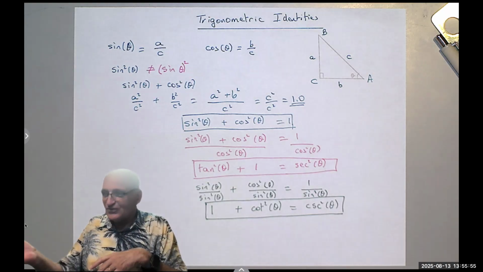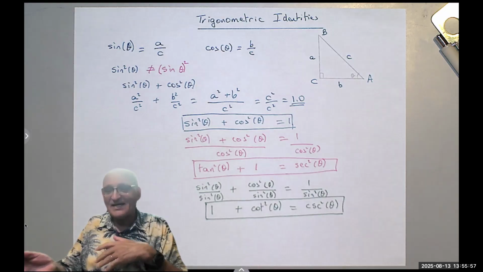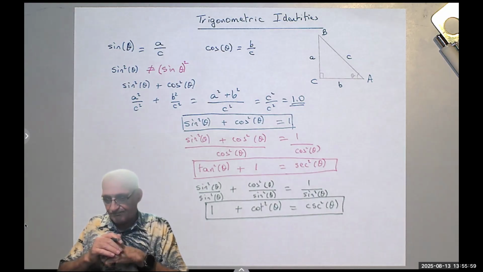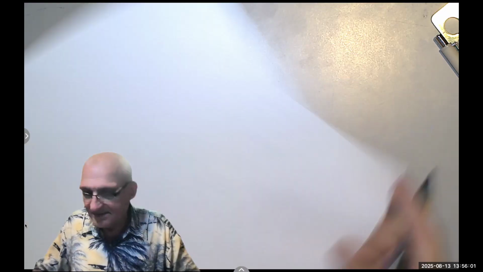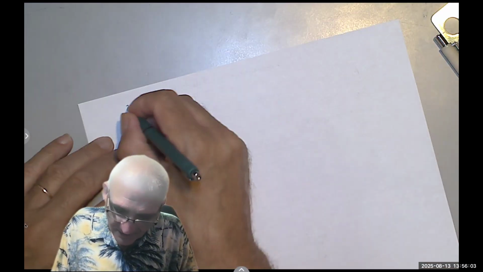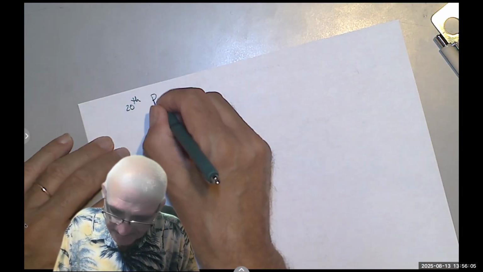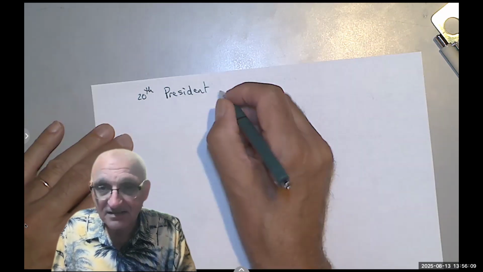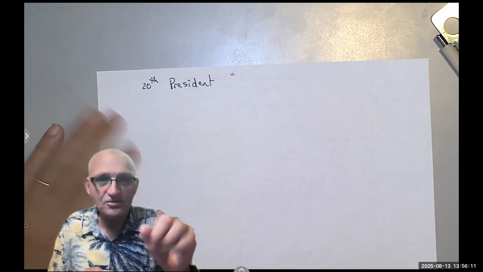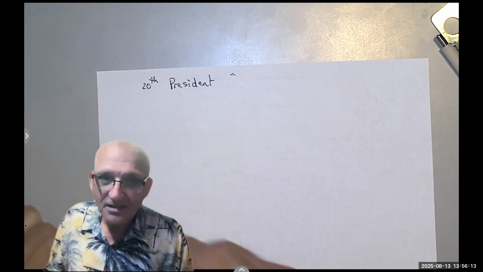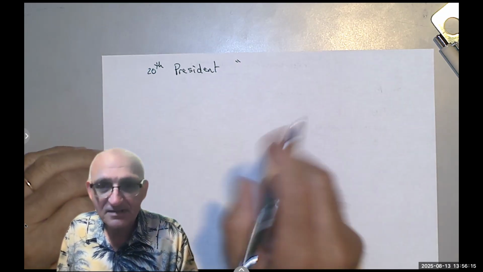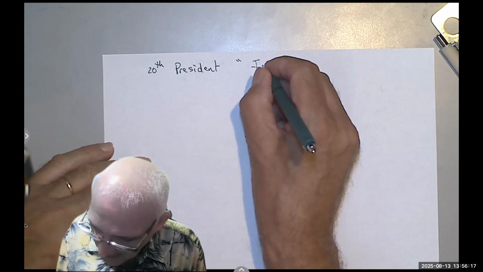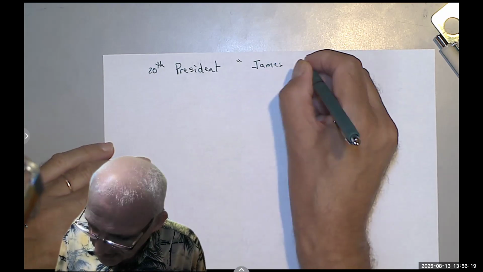And if you leave it for a few years, you forget it and come back. It's horrible. It turns out that the 20th president of the United States, you know who's, don't Google it, don't Google it. You know who's the 20th president? James Garfield.